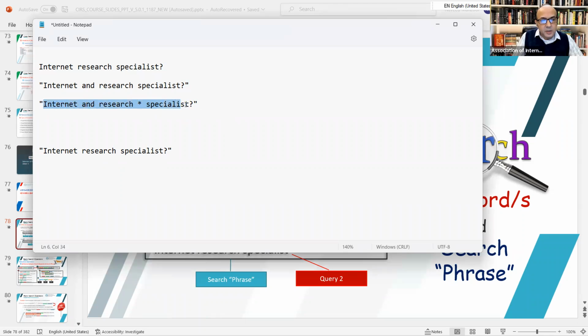The concept here is that when everything inside of the quotation marks is to be matched exactly as is, that would also mean that the asterisk should be considered a symbol, and therefore should be matched with a term that is exactly the mirror image of it. By the rule, it should be considered a mark that is to be found exactly on the content pages or the index pages.